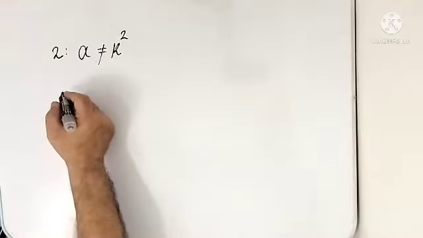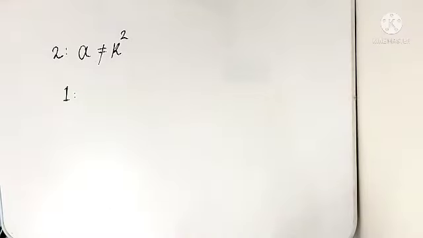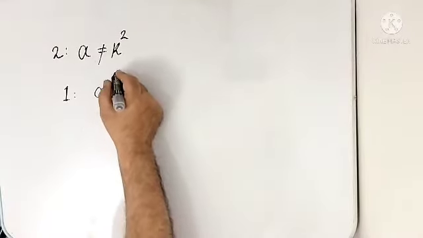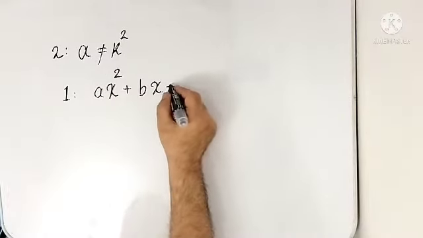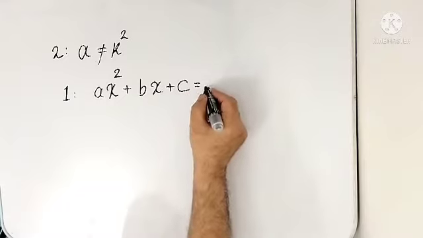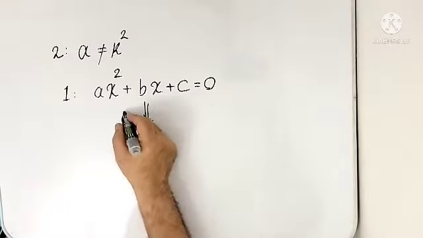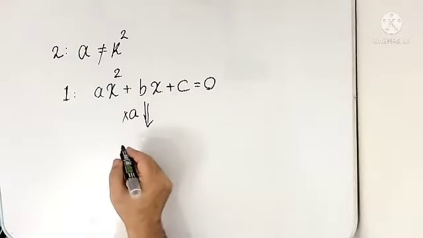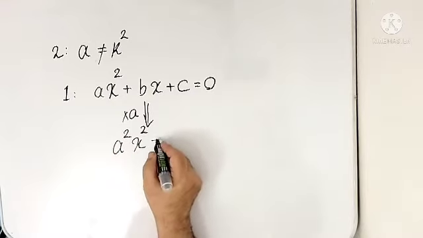First method, we multiply both sides by A. If we multiply both sides by A, we have this equation.